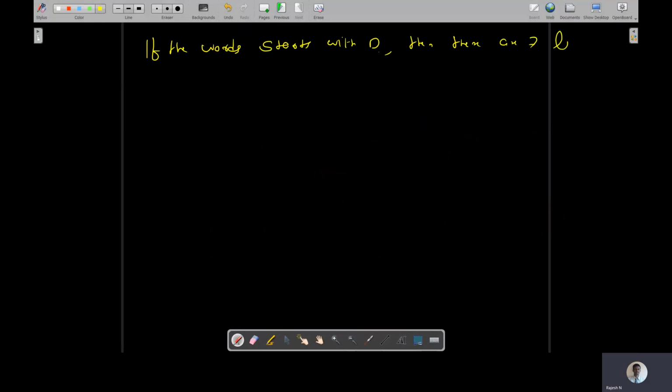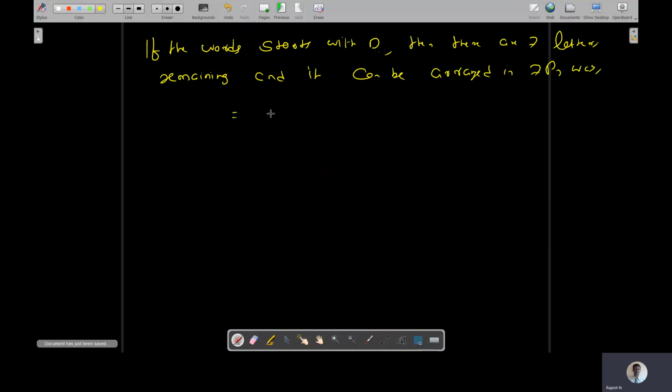There are 7 letters remaining, and they can be arranged in 7P7 ways. 7P7 is what? 7 factorial by 7 minus 7 factorial.